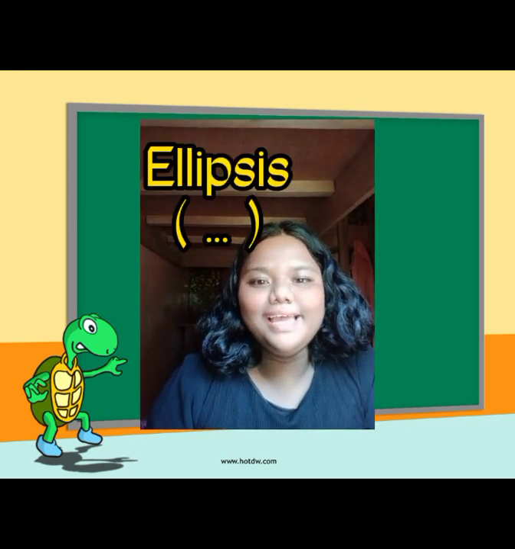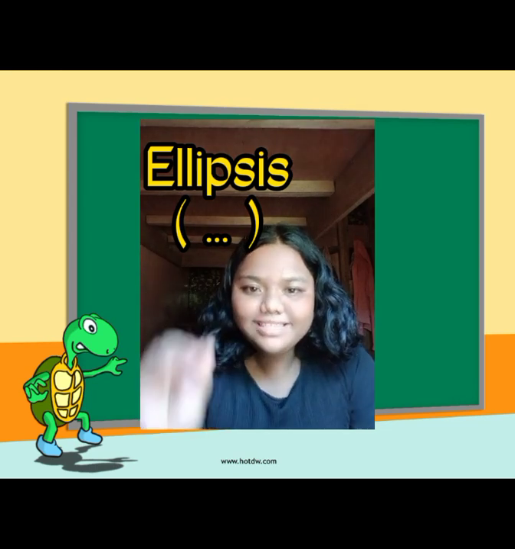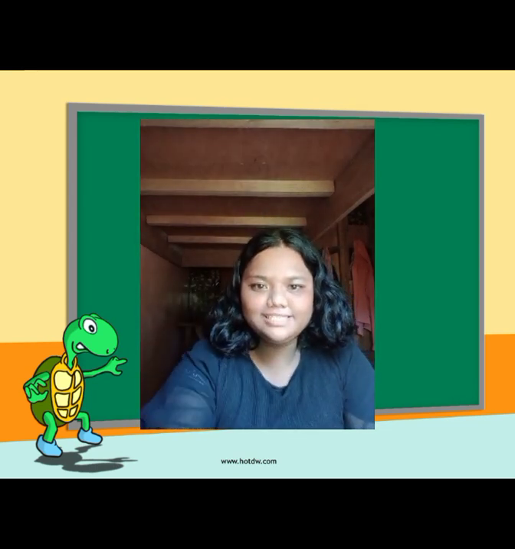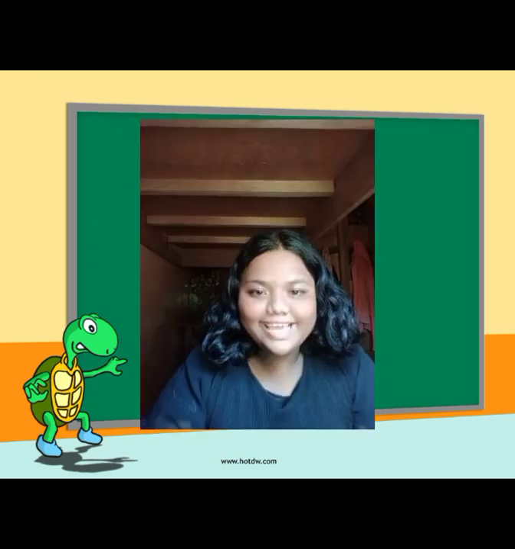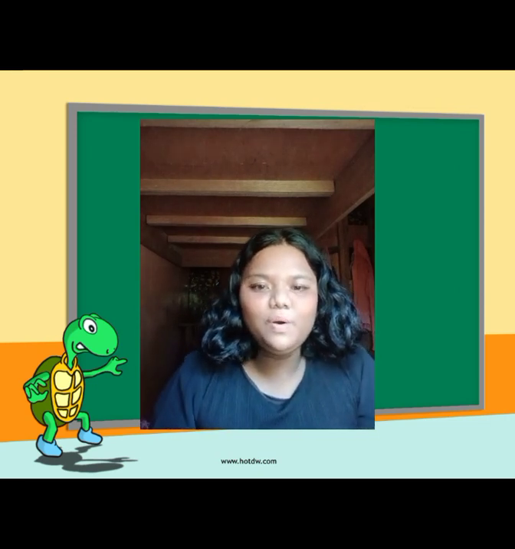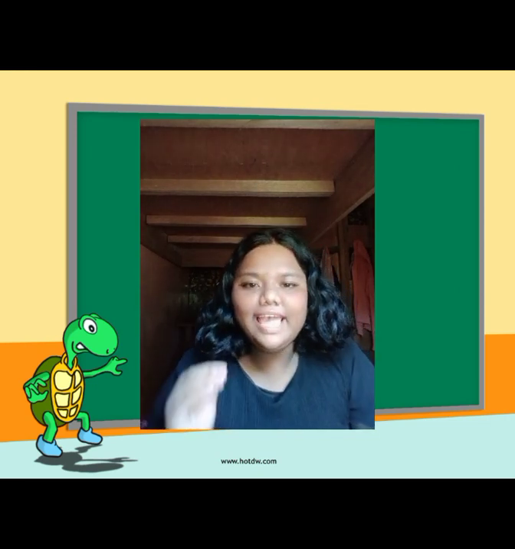Last, we have an ellipsis. So what is an ellipsis? An ellipsis is 3 periods used together to represent an omission of words or letters. They are often used to jump from one sentence or phrase to another while omitting unnecessary or obvious words. It is also used when quoting someone and unnecessary words are left out.